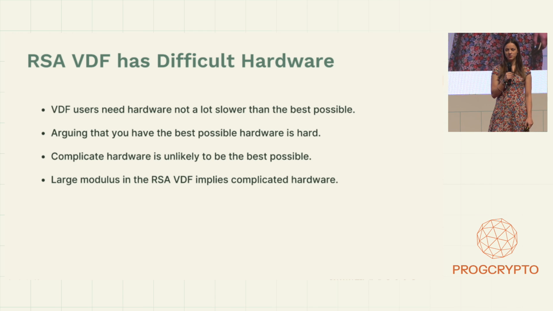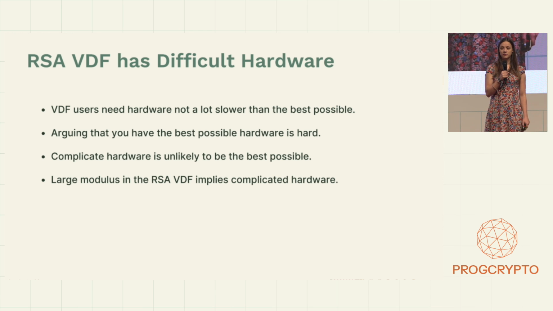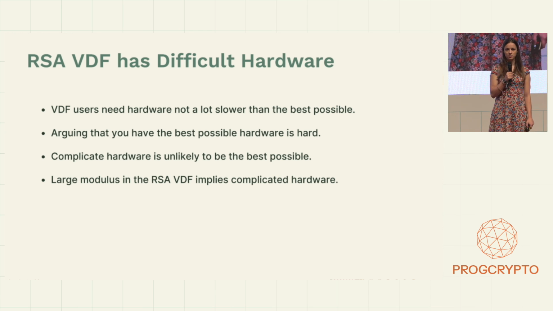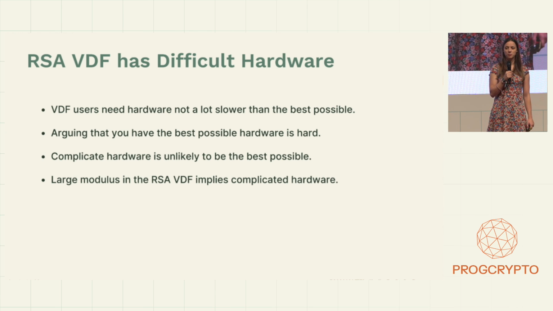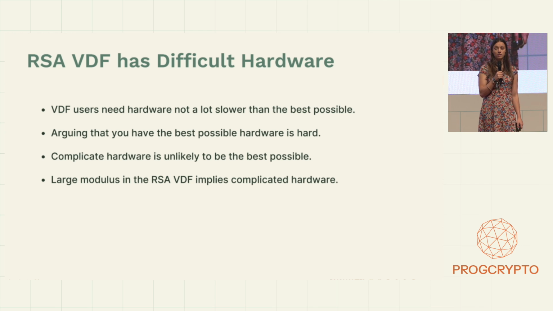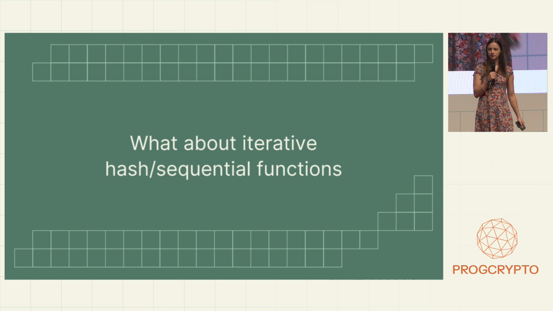Arguing that you have the best possible hardware is really hard. And if you have very complicated hardware, then it becomes even harder to argue that it's the best possible, because there are more places where people can optimize. There are more places where you potentially haven't done things in the best possible way. RSA has a very large modulus, and this large modulus kind of inherently creates very complicated hardware.